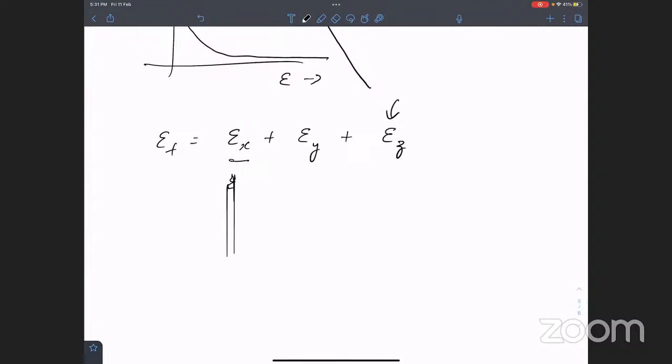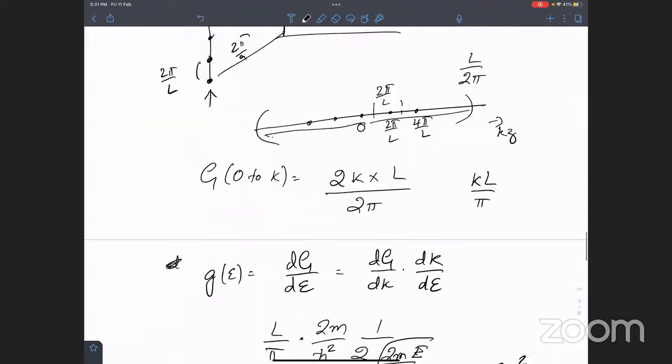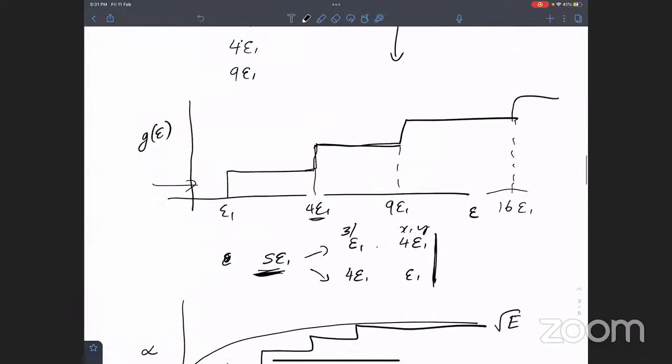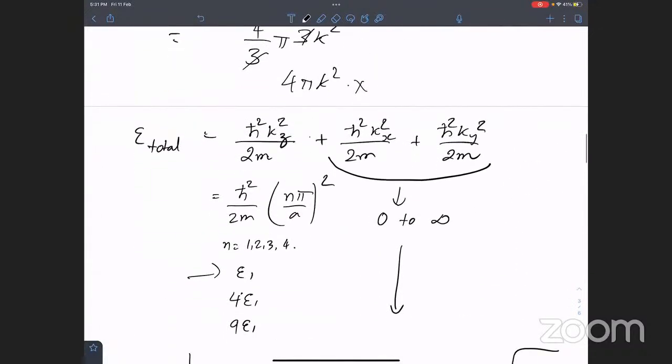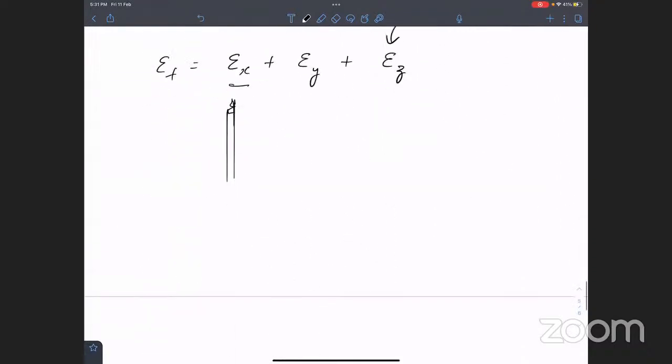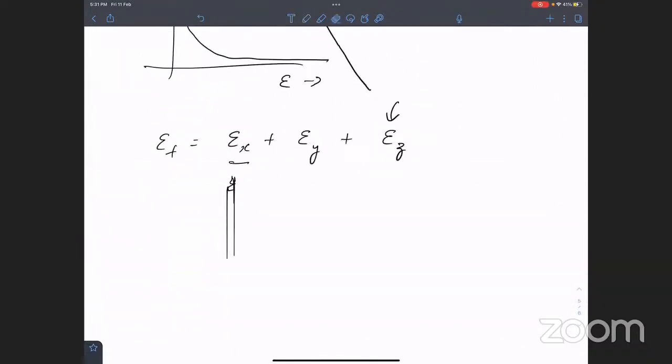The minimum energy is h bar squared by 2m, n pi by a whole squared, where n becomes 1. So I will call that E1. So the minimum energy possible for the x component is E1. Minimum energy possible for the y component is also E1.